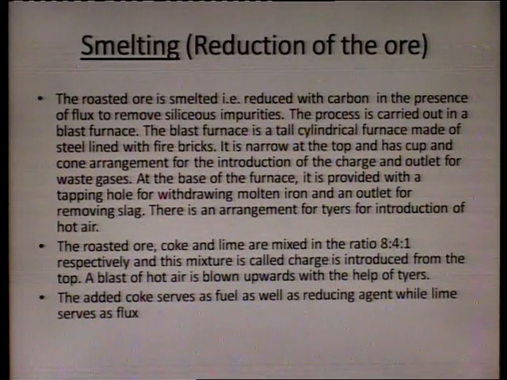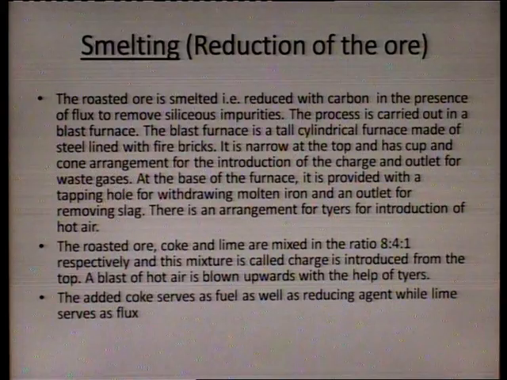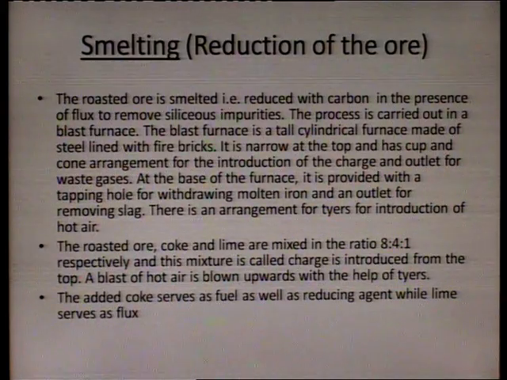The charge which we feed at the top of the furnace consists of roasted ore, coke and lime, which are mixed in the ratio of 8:4:1, and this is introduced at the top of the furnace.